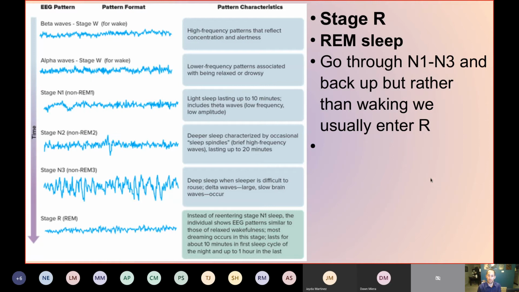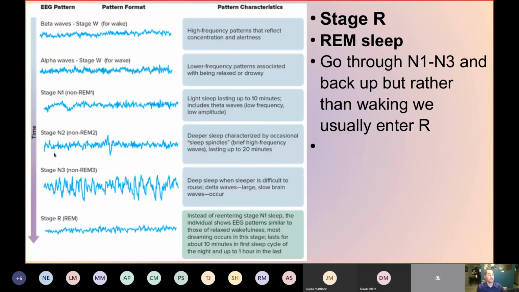REM sleep is one that you've probably heard of, rapid eye movement sleep. And usually you go through stage 1, 2, and 3, and then back up into REM instead of waking. So 1, 2, 3, 2, 1, REM is usually what happens. I think I said that wrong the first time. So generally as we're sleeping, we go stage N1, stage N2, stage N3, which is the deepest.